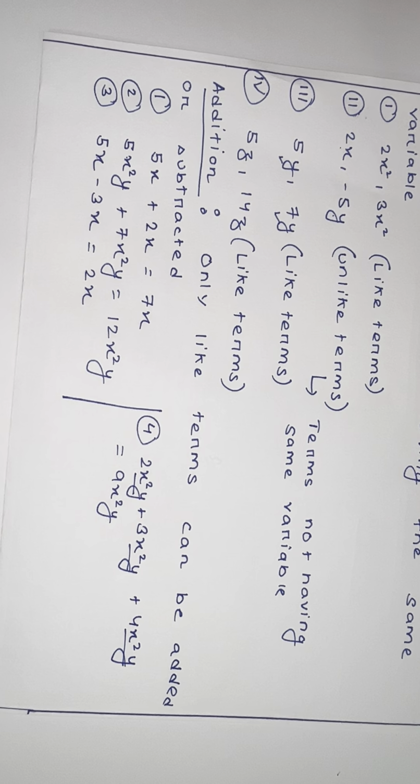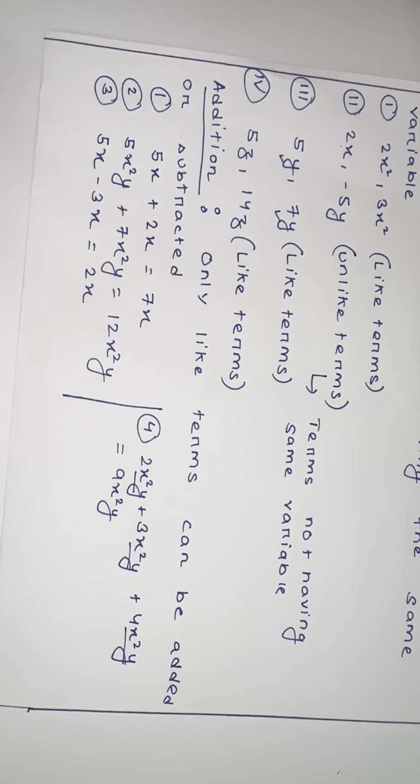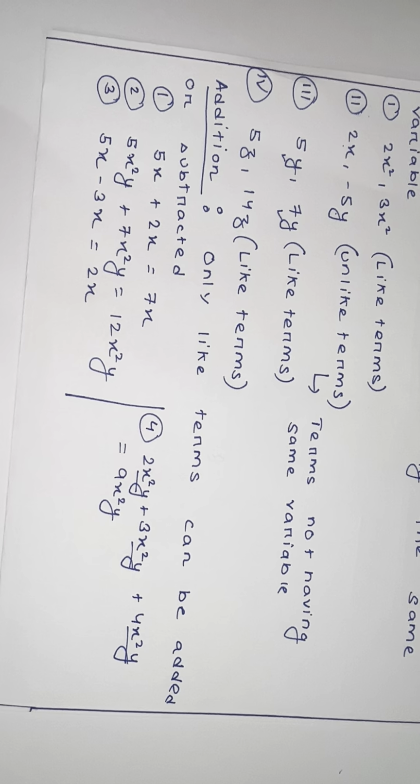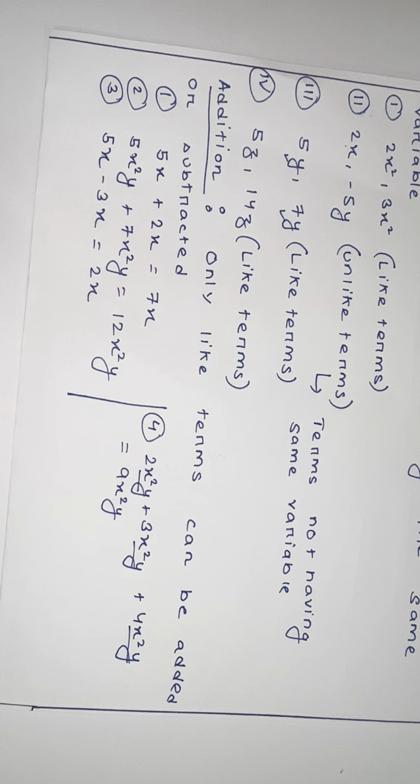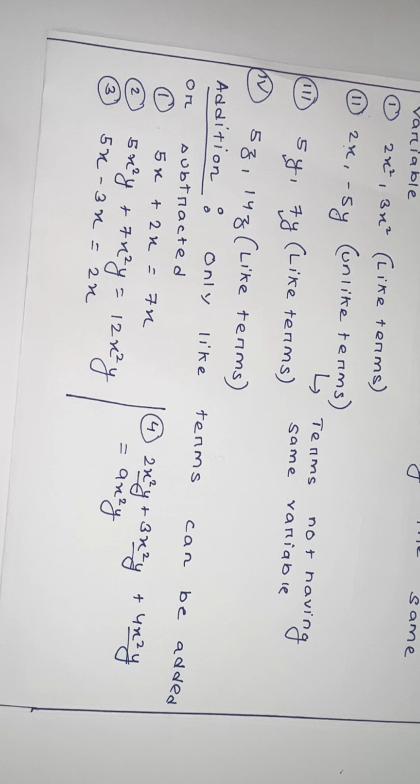So if you know all these concepts up till the addition part, we can easily start. You write all the concepts that I have given here in the copy, and now we can start the exercise. That is our exercise 6a.